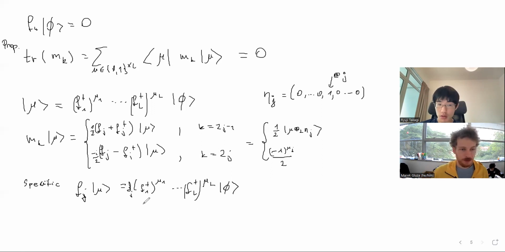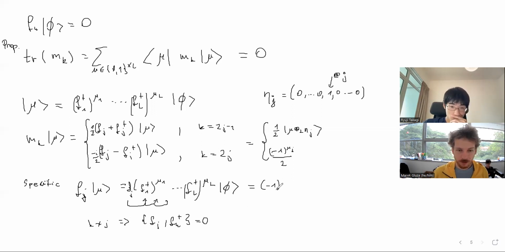So now what happens is that if I push it through, each time some index k is not equal to j, then the anti-commutator fj fk dagger is equal to 0. So they behave a little bit like Grassmann numbers before. I get a sign. So what I'm getting is -1 to the summation over k smaller than j of mu k. So I'm counting how many times fj encountered an f dagger operator.